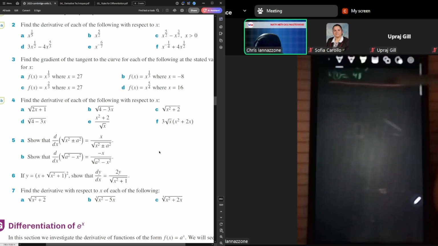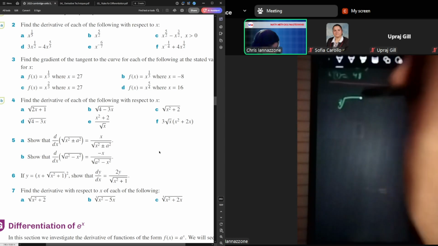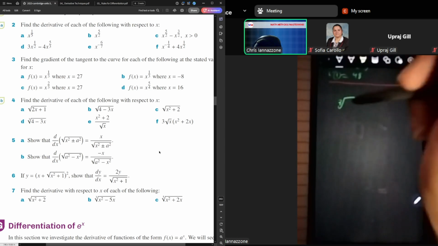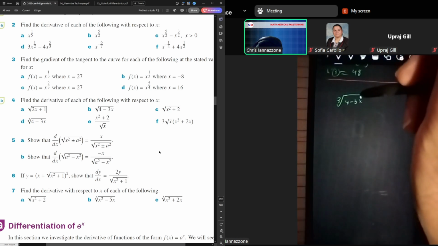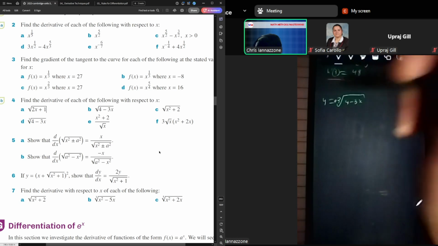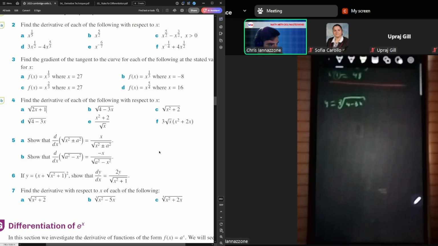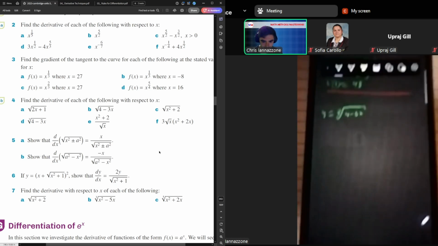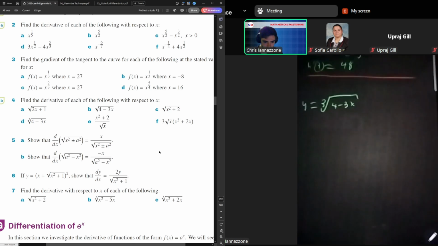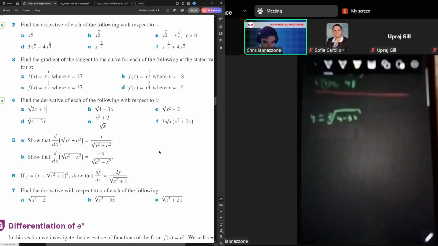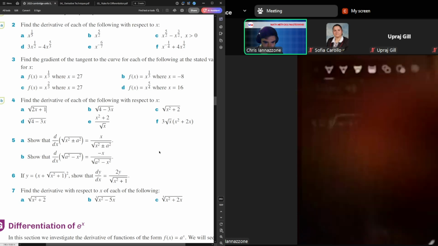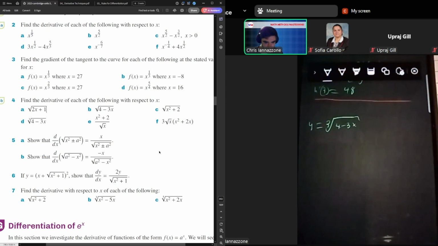Okay, 4D. Got the cube root of 4 minus 3x, and we want to just do the derivative of this. There we go.